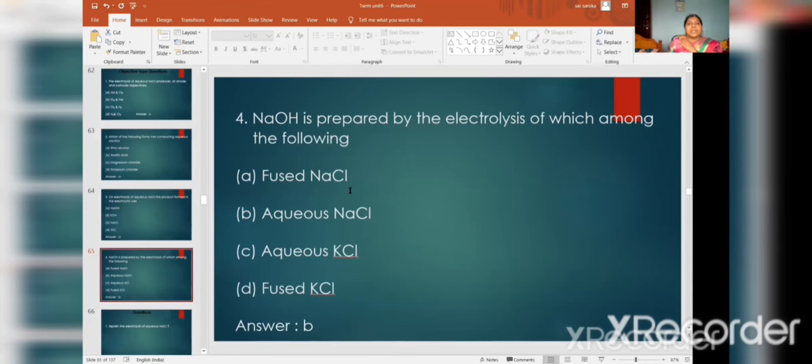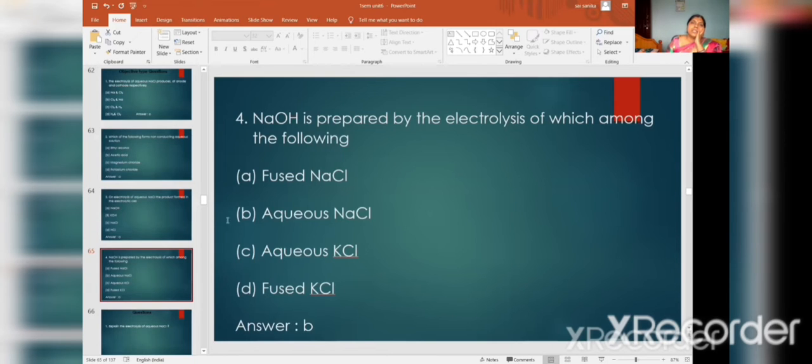A, fused NaCl; B, aqueous NaCl; C, aqueous KCl; D, fused KCl. Here he is asking about the NaOH product, so you can omit the KCl options and fused NaCl. If you do fused NaCl or KCl electrolysis, you won't get sodium hydroxide.